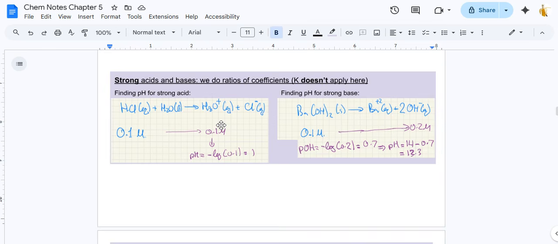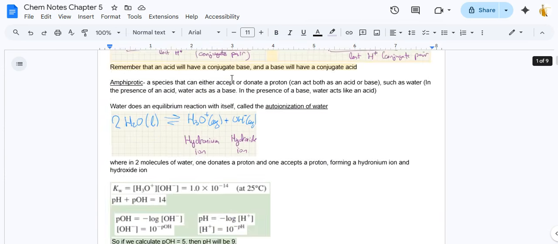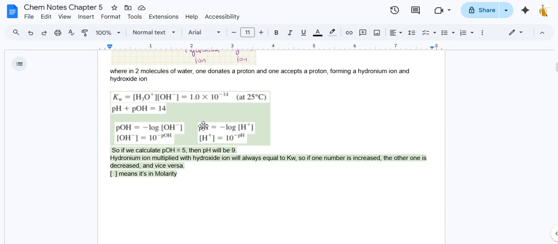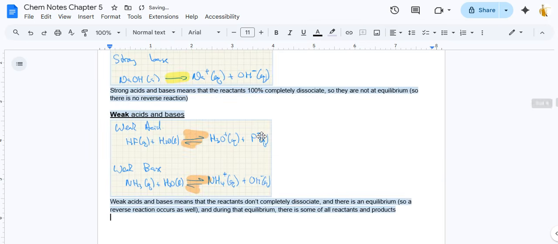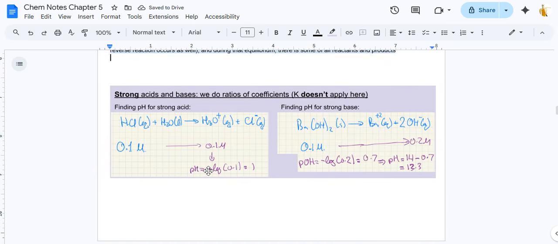And if we use the formula we learned from here, pH equals negative log of H plus. So pH equals the negative log of 0.1 molarity. We can put this in the calculator and find that it's equal to 1.